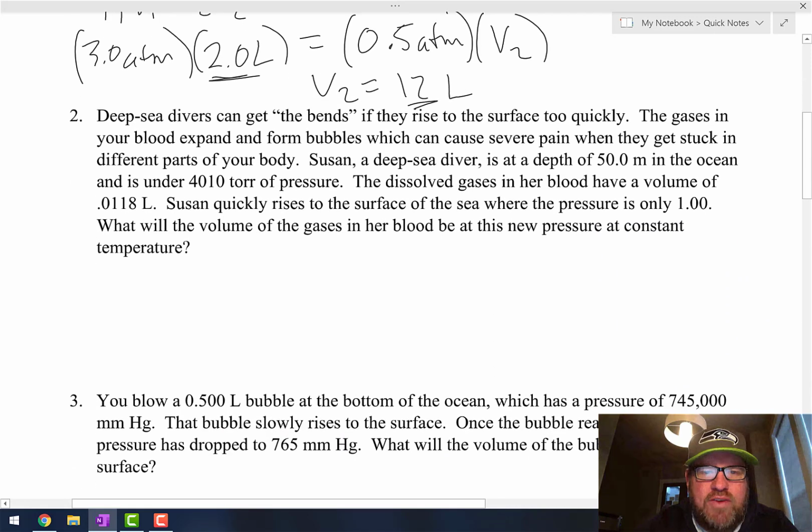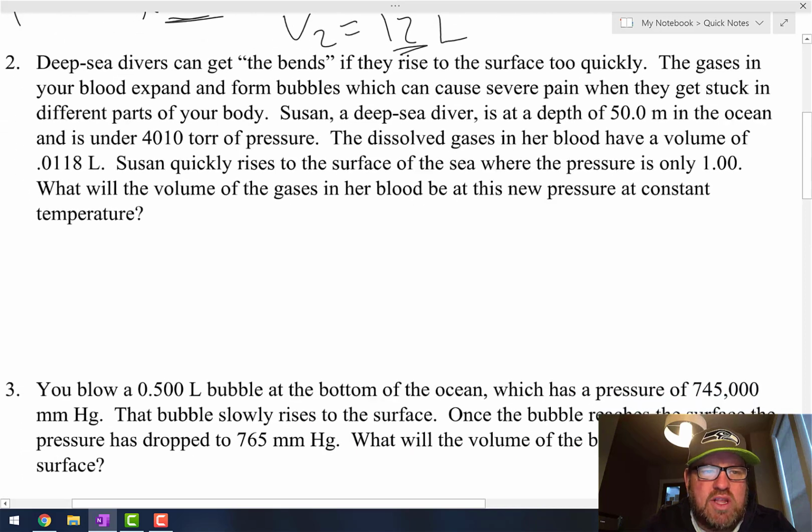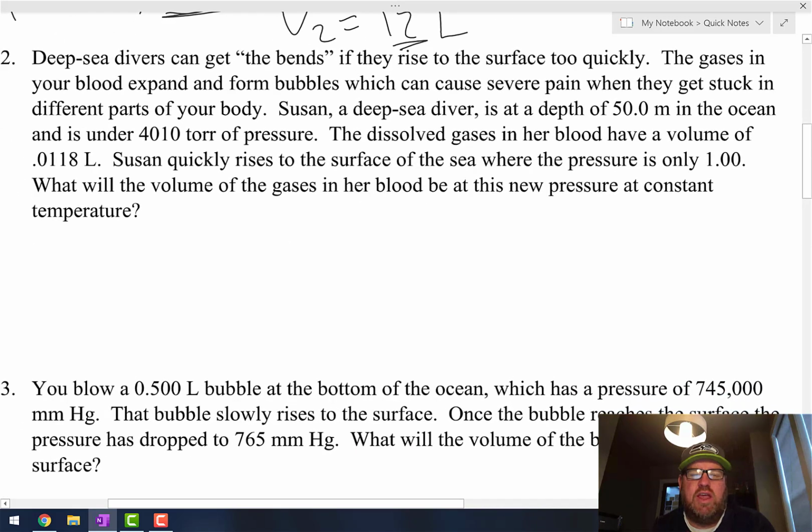Okay, here's a real-life example of Boyle's Law. Deep sea divers can get what's called the bends, okay? And if you've ever done any research, if you're deep down in the ocean and you come up to the surface, you have to stop every now and then to let your body basically even out the amount of pressure and the volume of the gases in your blood.